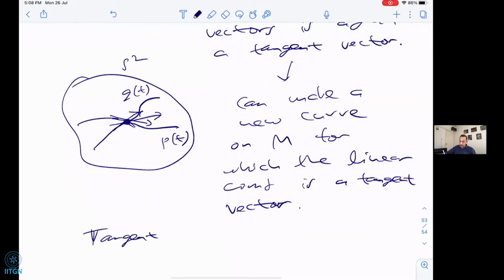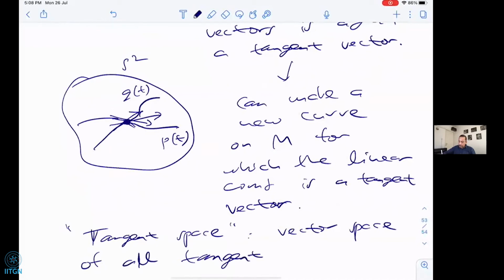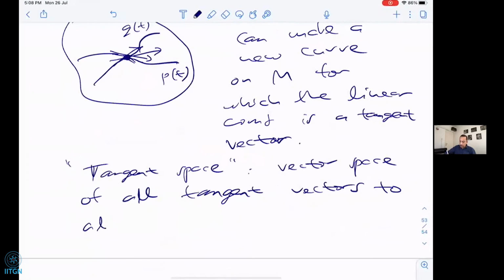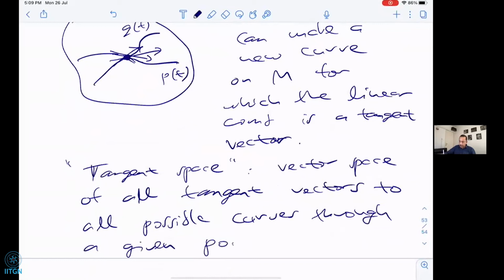So this leads us to the concept of tangent space, which is the vector space of all tangent vectors to all possible curves through a given point.